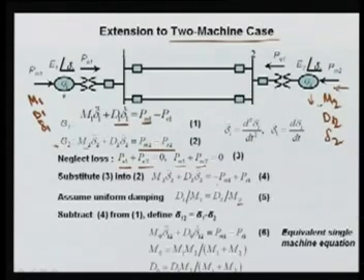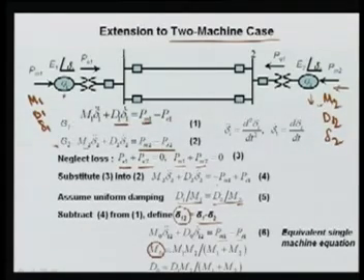But if your damping is uniform, so D1 upon M1 and D2 upon M2 are equal, and we also define delta 1 minus delta 2 as delta 12, then we can write the equation M0 delta 12 double dot plus D0 delta 12 dot equal to PM1 minus PE1, and this M0 is basically the parallel combination of the angular momenta M1 and M2.